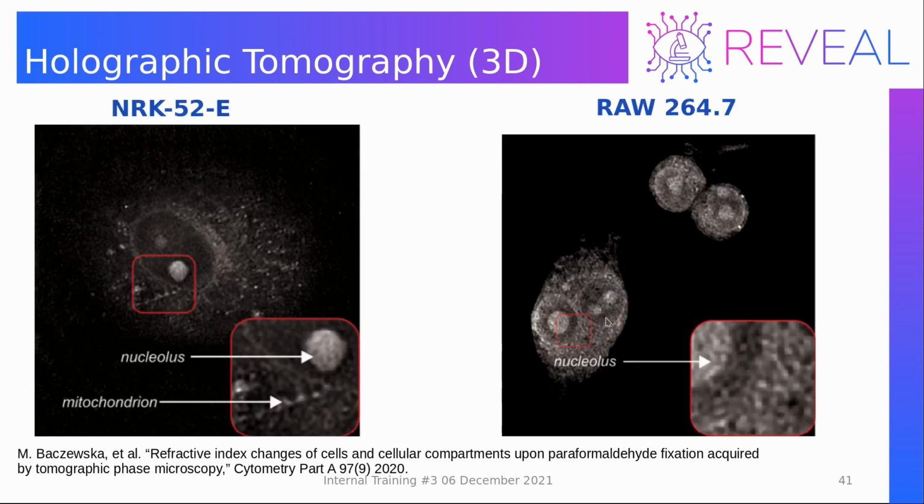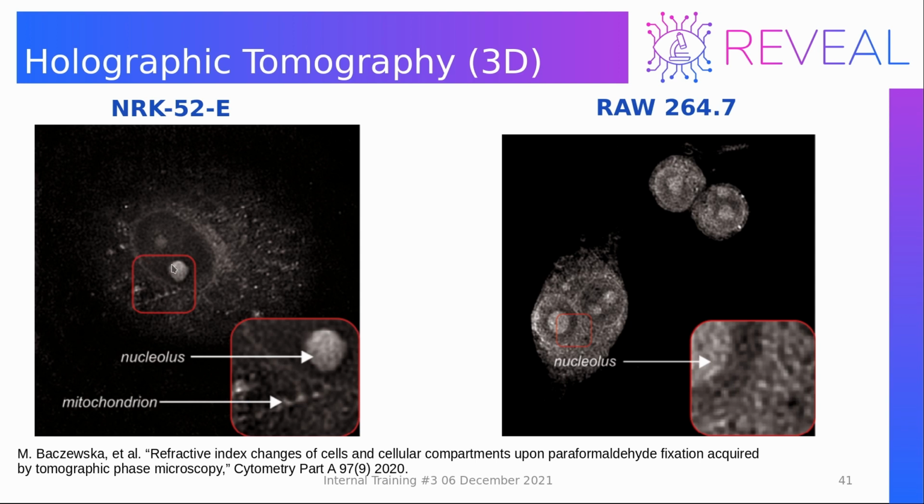So this is another example of reconstructions. What you see here is a two-dimensional cross-section through a three-dimensional tomographic reconstruction. So this is no longer like we had with holographic microscopy, where we only had access to 2D integrated information. What you see here is the 2D cross-section through 3D information.